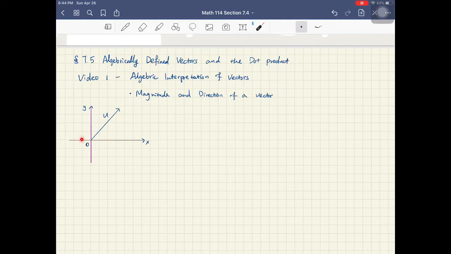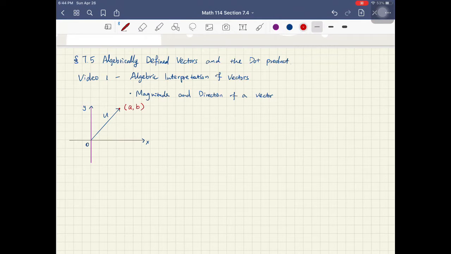Here I have the graph for the vector u, where the initial point lies on the origin, and I actually draw it on the xy plane. Since the vector u is on the xy plane, the terminal point has a coordinate on the xy plane. I'm going to call it a comma b.